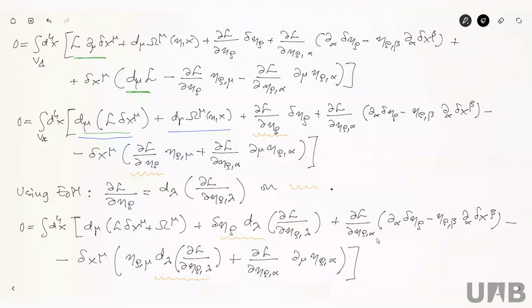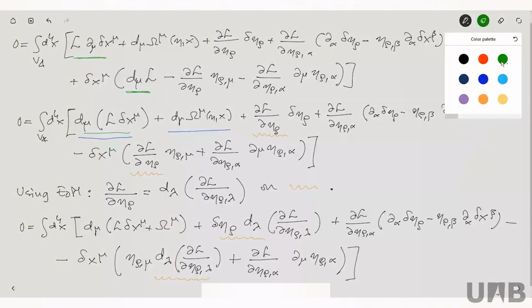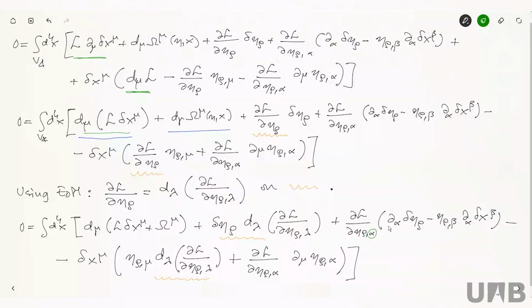Here, for instance, I'm using alpha and alpha, but these two indices are summed over. So in this term, I could use any name I want. Instead of calling it alpha, I'm going to call it lambda, and the reason is that then I'm going to be able to put it together with other terms that have a lambda.